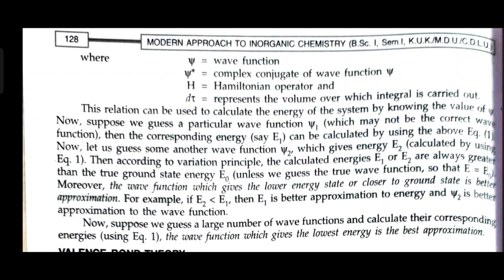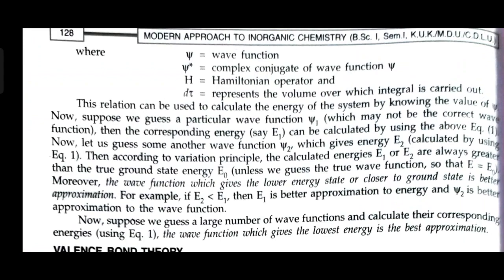Now suppose we guess a particular wave function psi 1 which may not be the correct wave function. Then the corresponding energy, say E1, can be calculated by using the above equation 1. Now let us guess some other wave function psi 2 which gives energy E2. Then according to the variation principle, the calculated energies E1 and E2 are always greater than the true ground state energy E0.